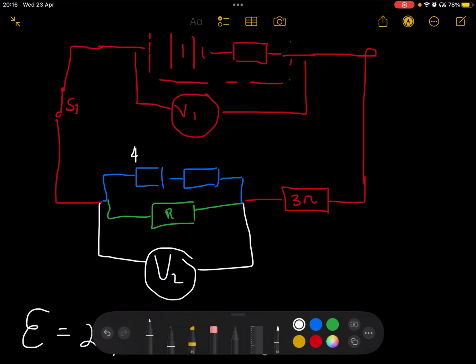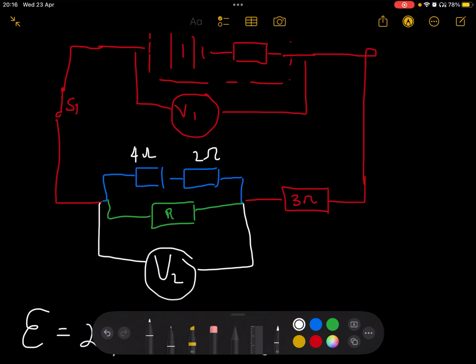So this one is the 4 and the 2 ohm. It's measuring the voltage that's dissipated between those two parallel resistors. And the question is asking us, what is the reading at V2?